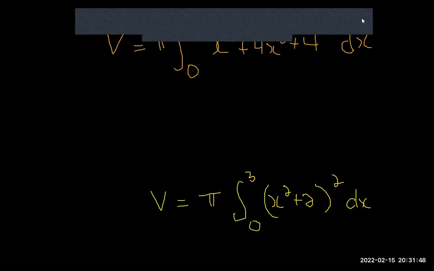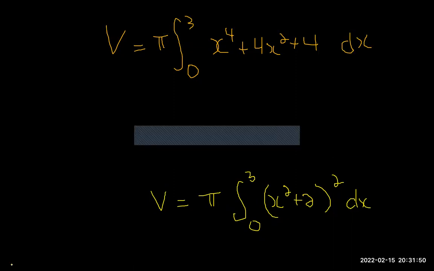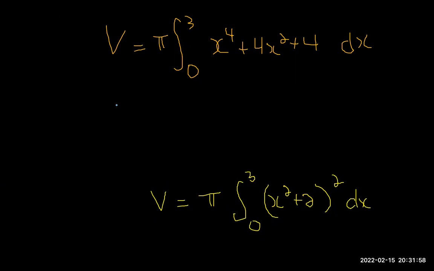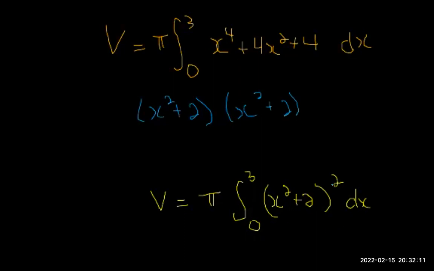Really? Could you expand it out so I could see it? Could you do it bracket by bracket? So using my distributive law here, we know anything squared is the same as multiplying it by itself, right?